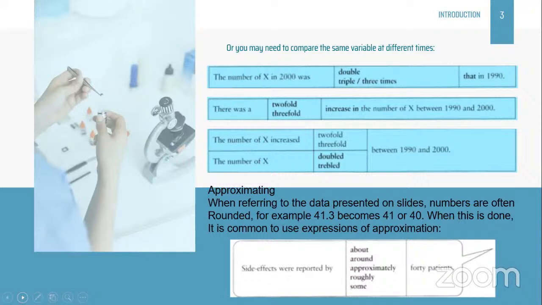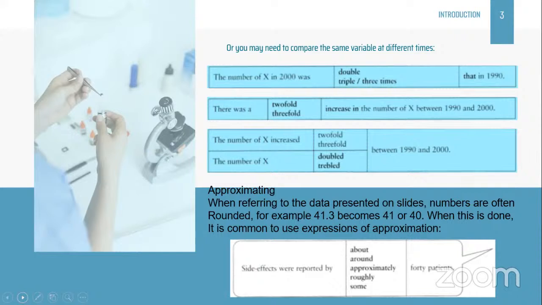There was a twofold or threefold increase in the number of X between 1990 and 2000. The number of X increased twofold, threefold. The number of X tripled between 1990 and 2000.